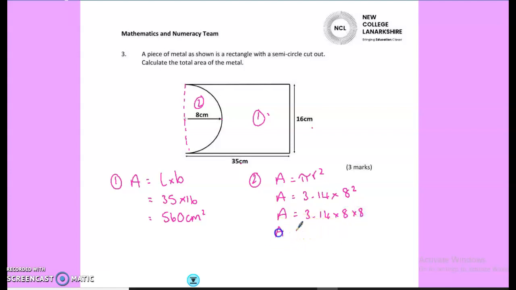So we can do that as times 8 times 8, which is 200.96 centimetres squared. Now, I'm interested in the area with this semicircle cut out, so I'm going to take it away. Which comes out as 359.04 centimetres squared.